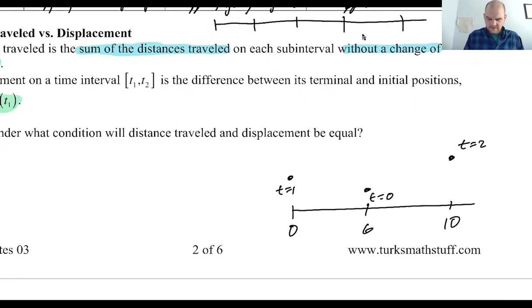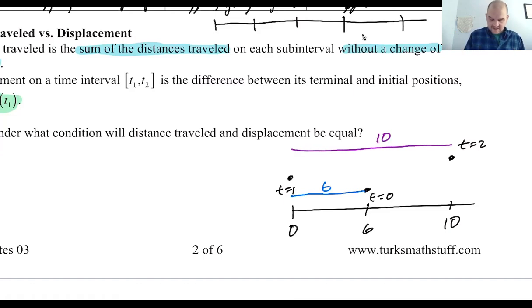Okay, so what did you do? From 0 to 1, you went this way, right? But how far did you go? You went 6. So this is 6. And now from t equals 1 to t equals 2, you go from 0 all the way to 10, right? So this is 10.